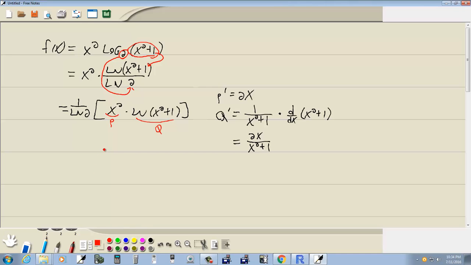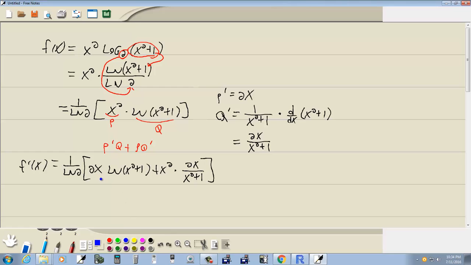Now our formula is p prime q plus p q prime. Now the 1 over natural log of 2 will just remain out in front. And this is the derivative I should put. So p prime was 2x times q, which is natural log of x squared plus 1, plus p, which is x squared, times q prime, which is 2x over x squared plus 1.